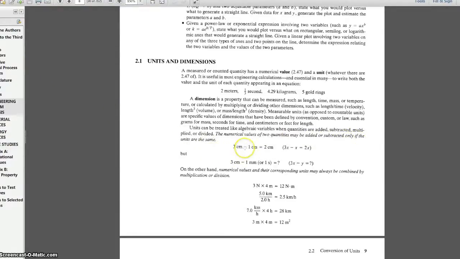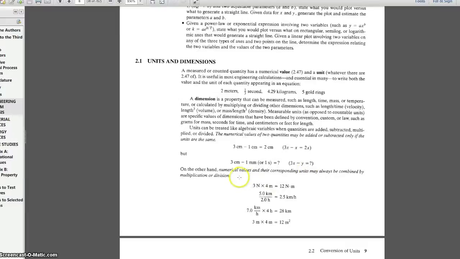We can see here centimeters and centimeters, which is length, ends up with 2 centimeters, while centimeters and millimeters are not the same units. You can change millimeters to centimeters, but we can discuss that later.